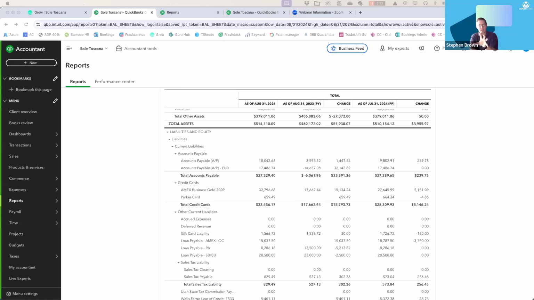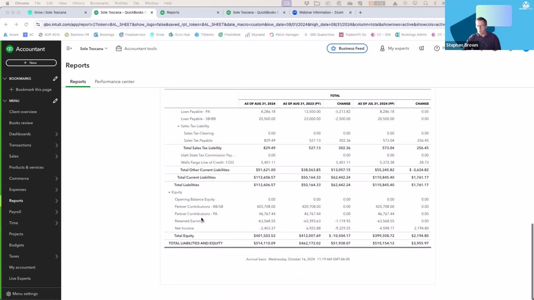So sometimes these are named differently. Right now we haven't taken any money out of the business. So capital in, partner contributions, owner equity, sometimes that's all the same. And I'm assuming, Mark, when you're talking about owner capital, I'm assuming that's money in. As we start to do distributions, we could have a separate account that would show that we have taken money out of the business, which we have not in this case.